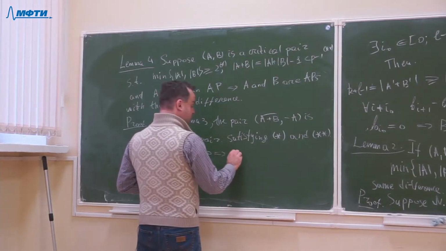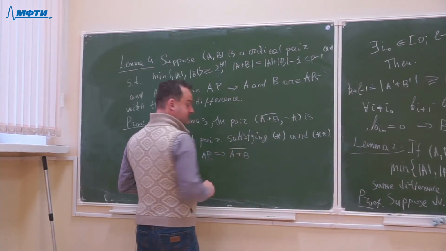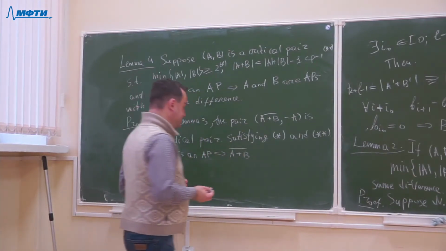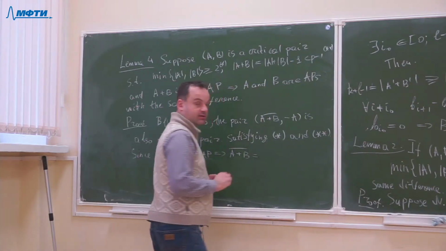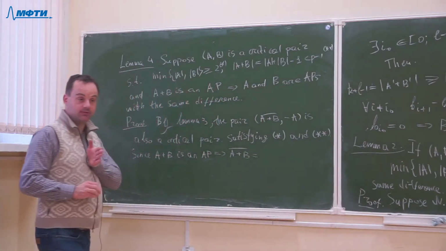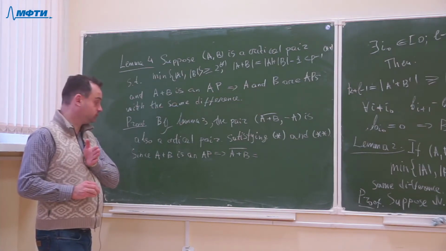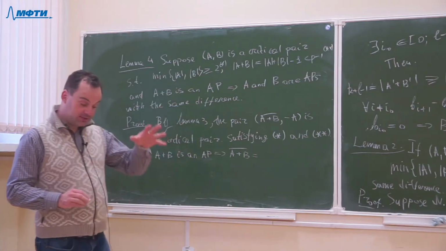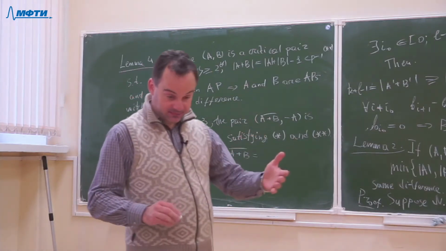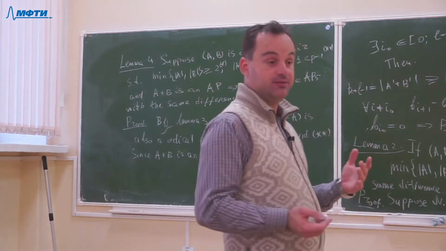How to show this? How to prove that the complement in Z_P of an arithmetic progression is also an arithmetic progression?